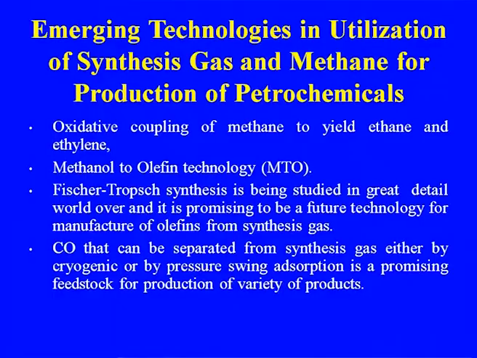Before starting the synthesis gas, because here we are also discussing methane, as methane is part of the synthesis gas and natural gas is used for making the synthesis gas, some of the emerging technologies for more and more utilization of methane are the oxidative coupling of methane to yield ethylene, and then the methanol to olefin technology.